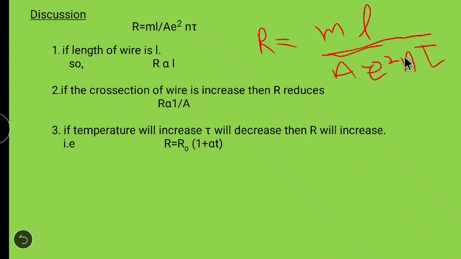These three quantities are constant. We can vary L, A and tau.